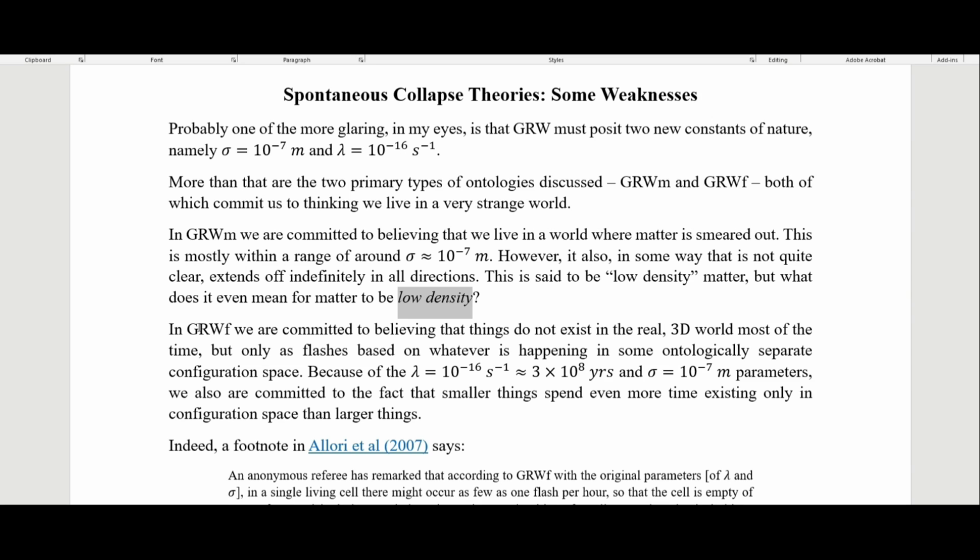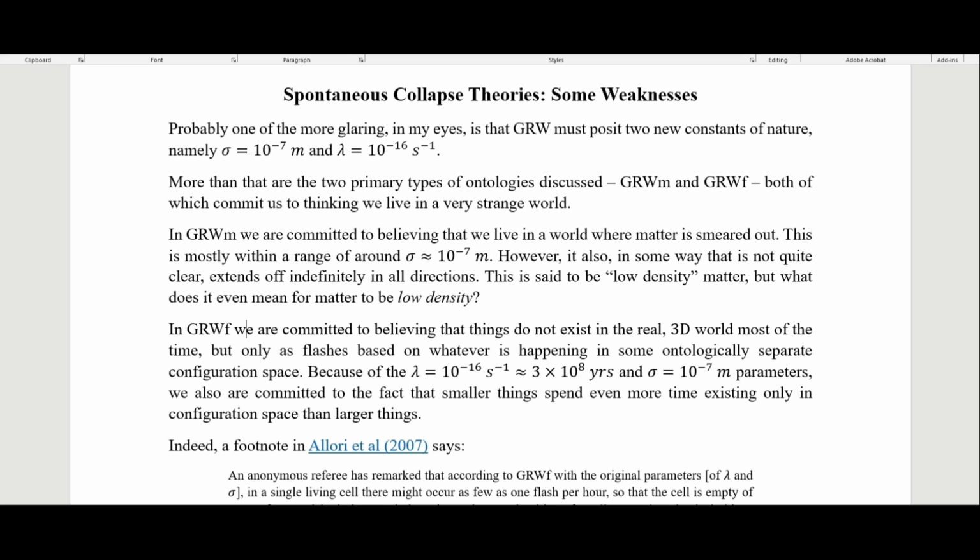And then in the flash ontology, we are committed to believing that things do not exist in the real 3D world most of the time, but only as flashes based on whatever is happening in some ontologically separate configuration space. Because of these parameters, our lambda and our sigma, we are also committed to the fact that smaller things spend even more time existing only in this strange configuration space than larger things.